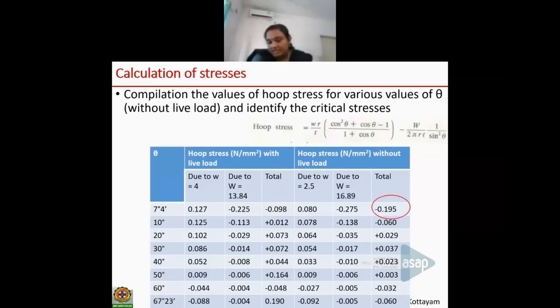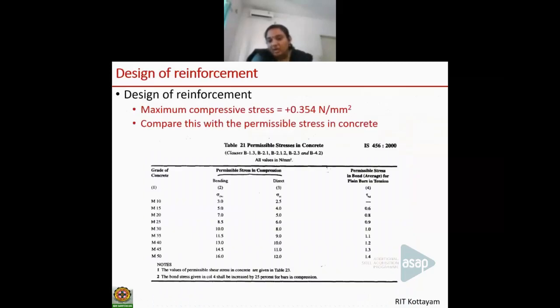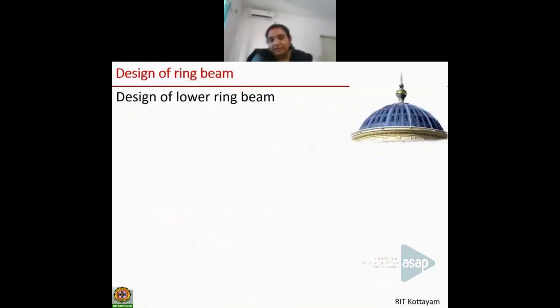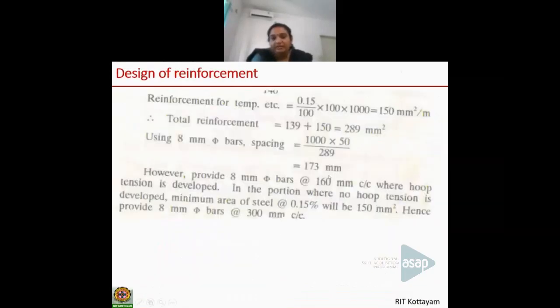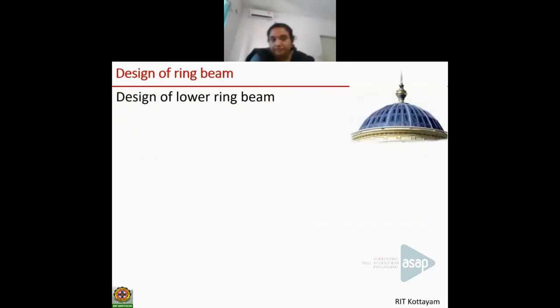So that is what it says. Where the hoop tension is developed, provide a reinforcement of 8 mm bars at 160 millimeters center to center. And if there is no hoop tension developed, where you see the plus sign, you can adopt the minimum area of steel as 0.15% of steel. I hope that is clear.